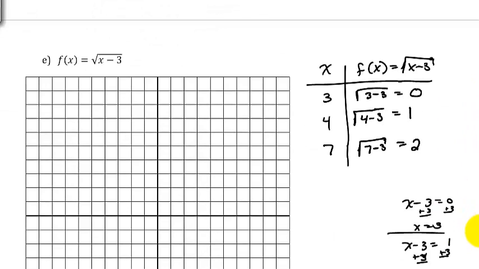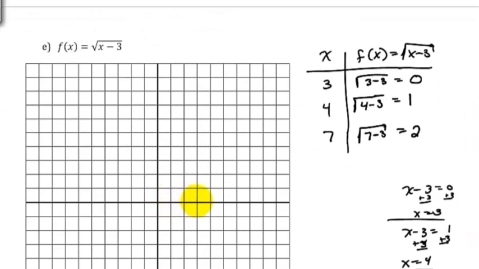So I have the point 3, 0. And I have the point 4, 1. And I have the point 7, 2. And then you can draw your graph in, and you can see this shifted our graph 3 units to the right.